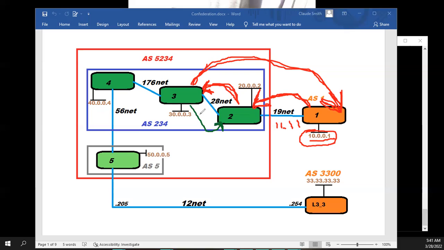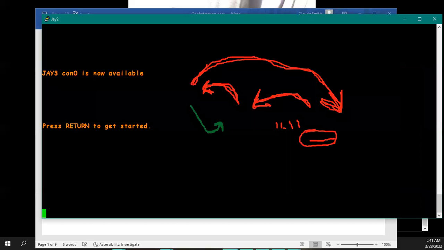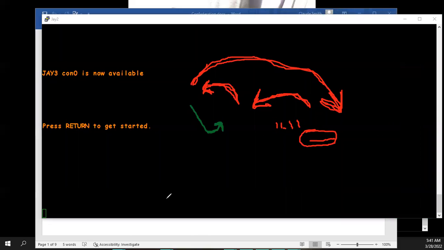I want you to send your traffic to me. And this is done through what is known as the next hop command. So let me bring up router number 3 and show you what that actually looks like. Let me get rid of these annotations. Hold on a second.